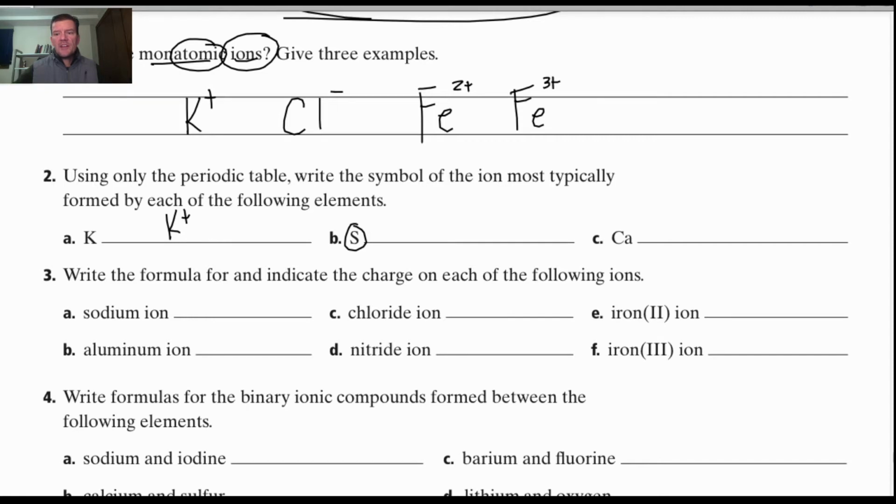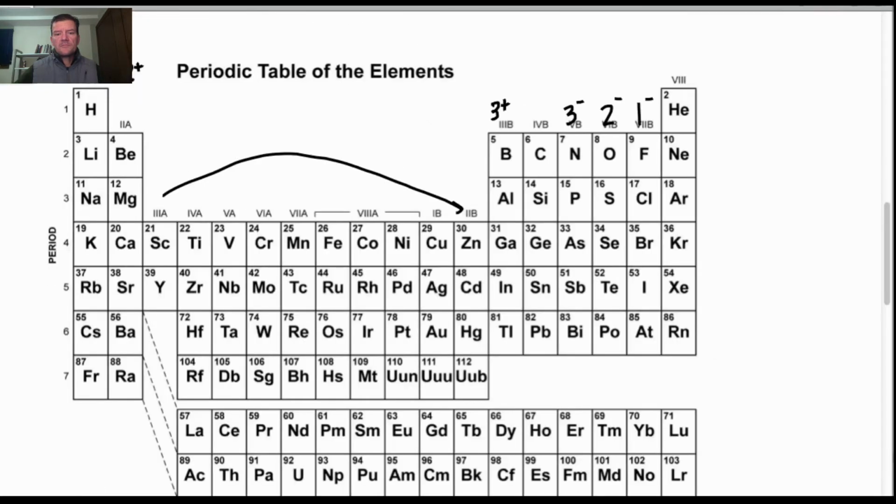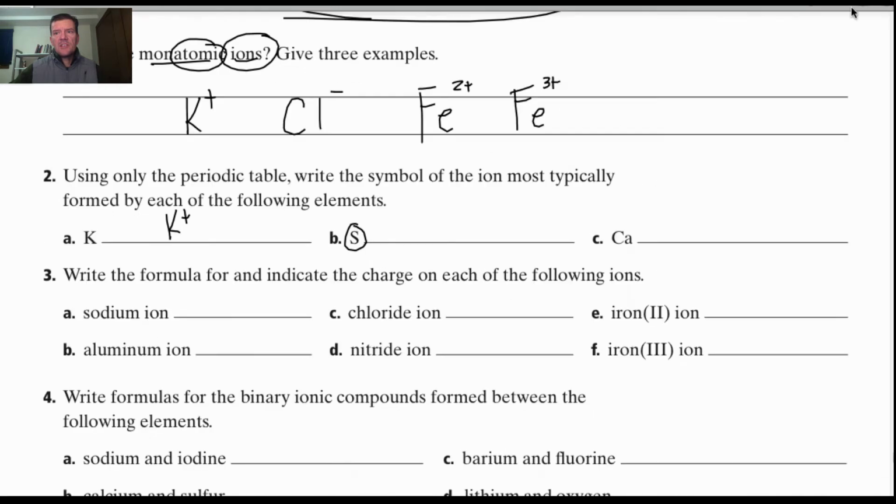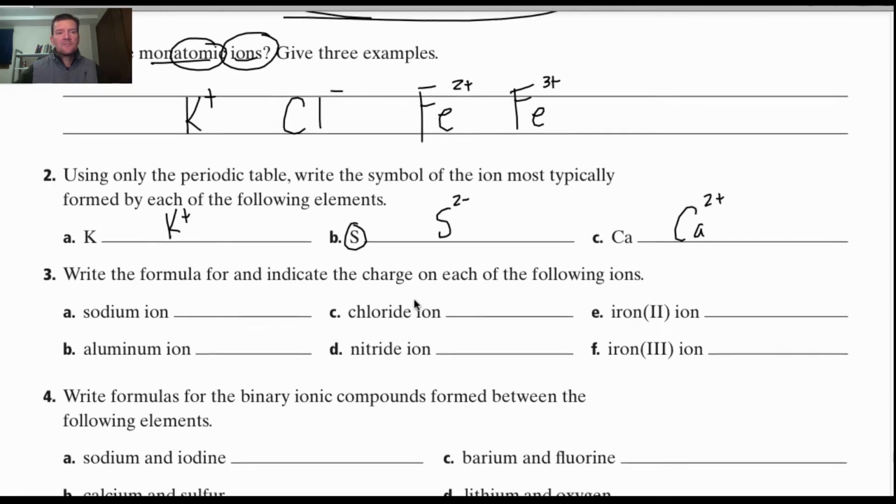Sulfur, what group is that in? Sulfur is right here in the oxygen group. 6 valence electrons, it's likely to gain 2 more to get the octet. So it's going to gain 2 and have a 2 negative charge. Calcium is in group 2. That metal is likely to lose its 2 valence electrons. Okay?